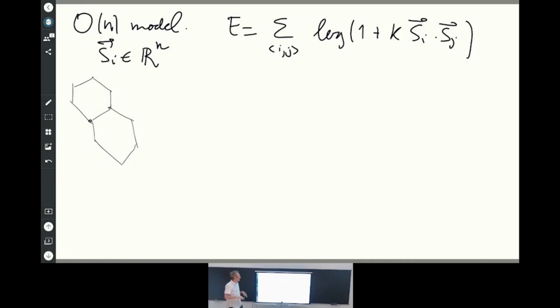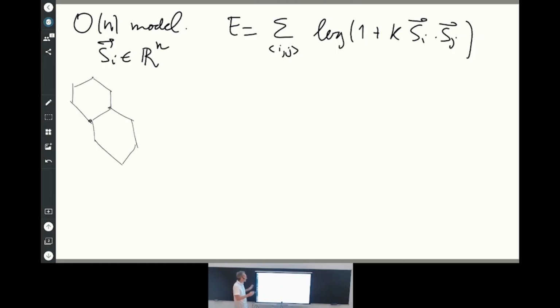The log may be a bit disturbing, but it's just a technical convenience. It does not matter very much, by universality it will not matter in the critical limit. And then you want to compute the partition function by integrating over all possible values of these spins, integrating the exponential of the energy, basically.